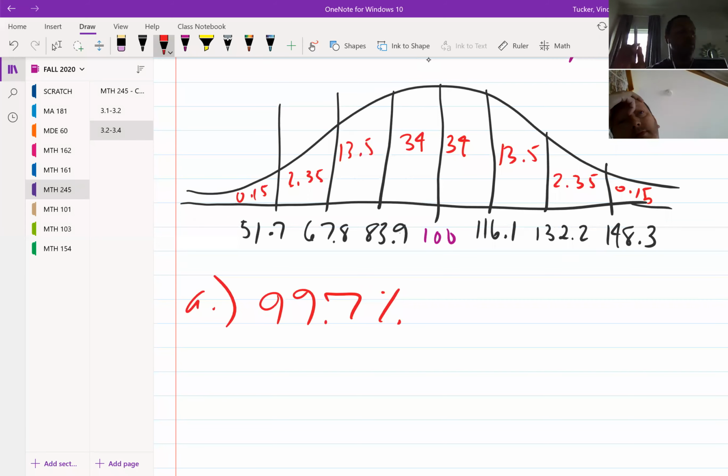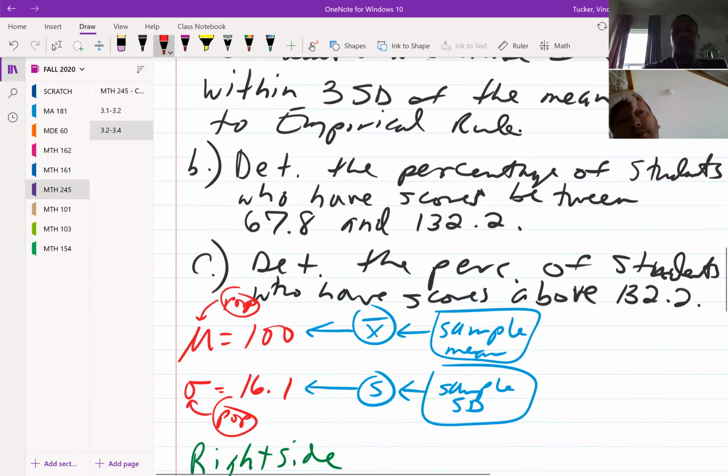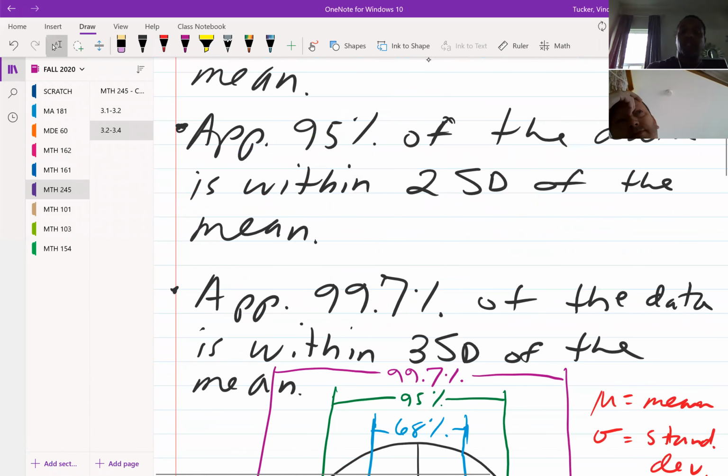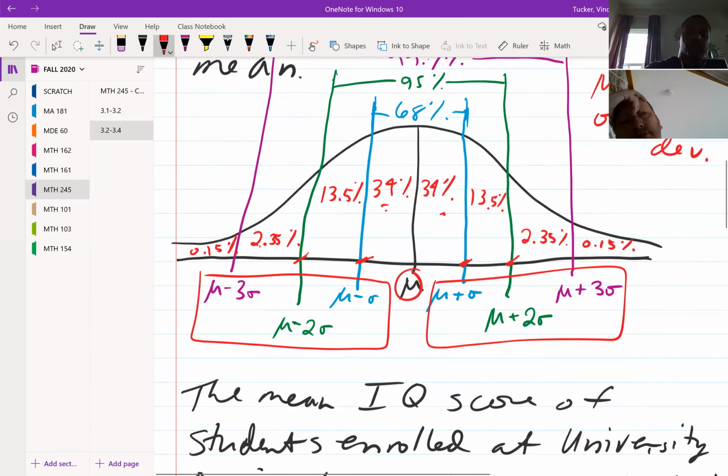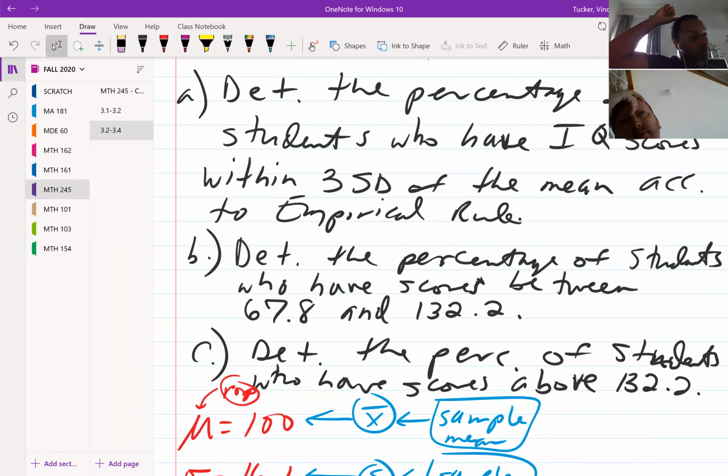That didn't have anything to do with our chart. Approximately 99.7% of your data will be within 3 standard deviations of the mean. So that's where that came from when you talk about A.